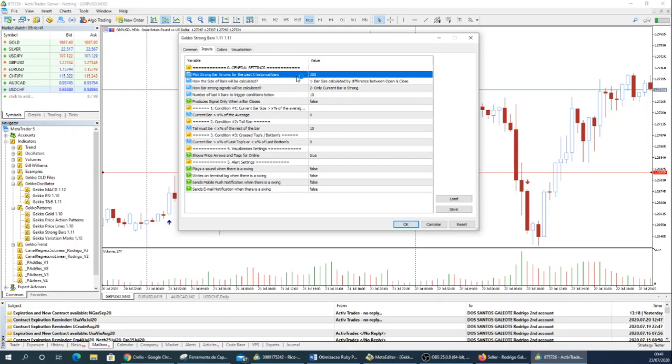MetaTrader is going to be a little slow, and the indicator is going to be a little slow. Often, if you're not backtesting, if you're actually trading online, this is really irrelevant. You can just leave 20, 30, or even 40 bars here, and that'll be enough.